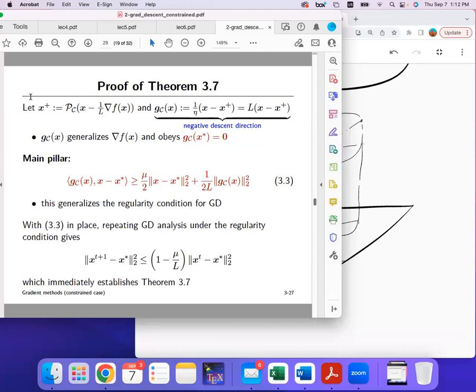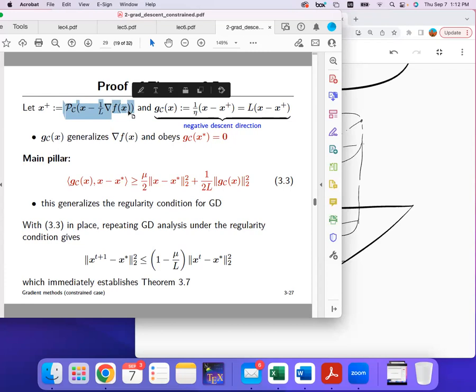So we will define this notation. I start from x, do a gradient descent with this step size, and then I do a projection step. This is like starting from x and running this projected gradient descent algorithm for one step.